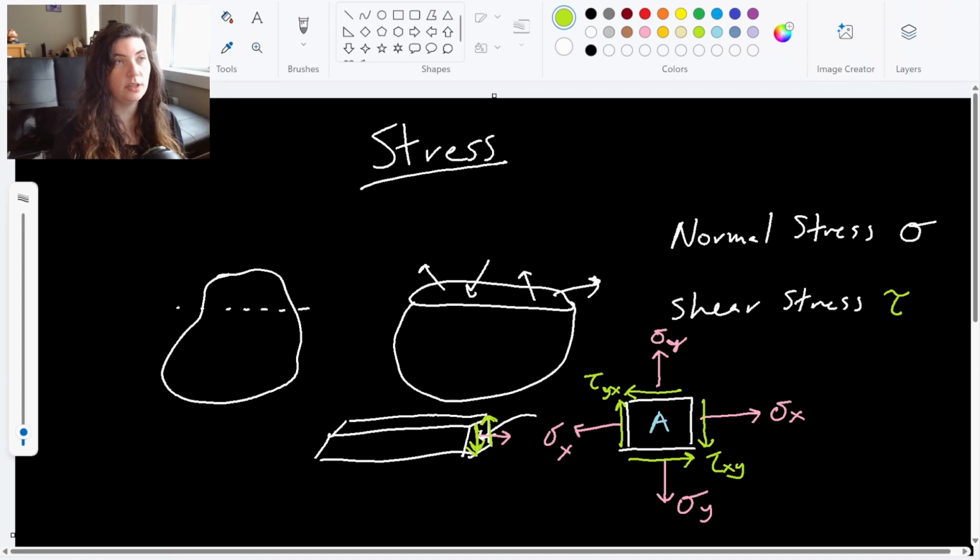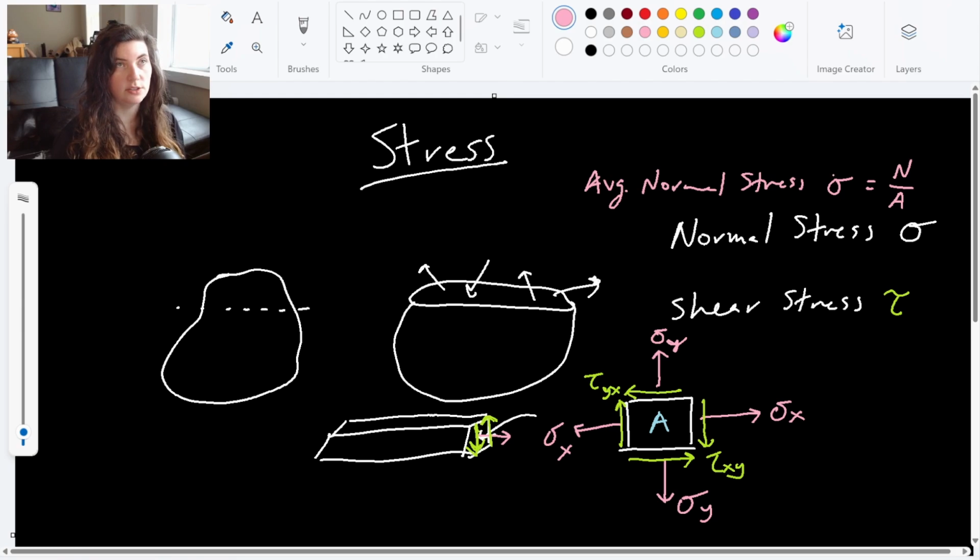The way we calculate these is typically by taking an average. This is what we're going to look at first, the average normal stress on a cross-section and an average shear stress on a cross-section. So your average normal stress is given by that normal force divided by the cross-sectional area.